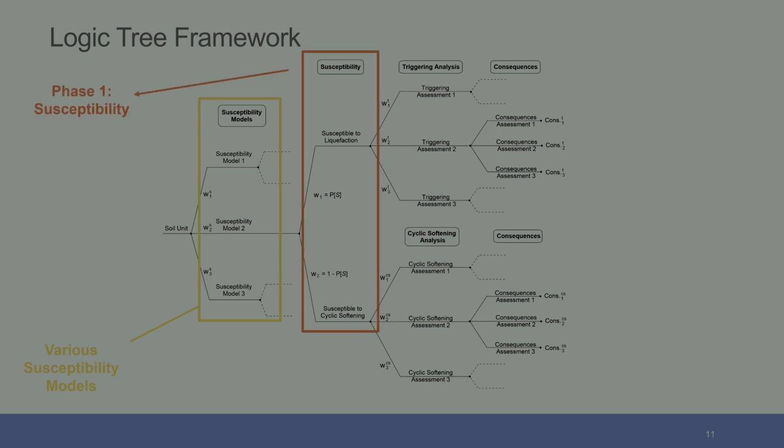As the first phase, we can assess the soil unit for the probability of being susceptible to liquefaction and the probability of being susceptible to cyclic softening. This phase is followed by the triggering or cyclic softening assessment, where we can use multiple assessment types.